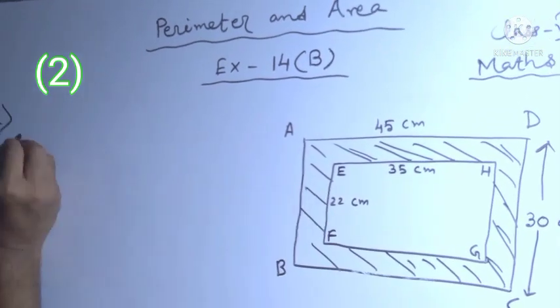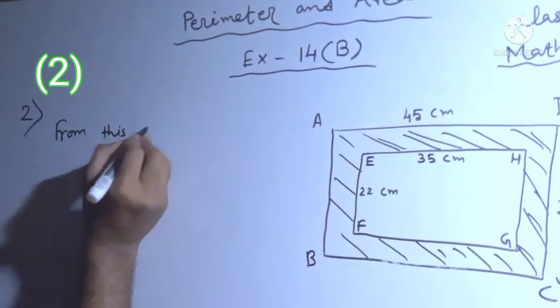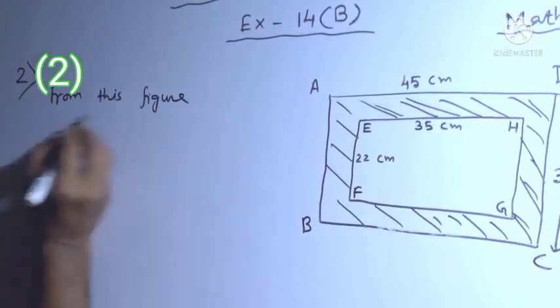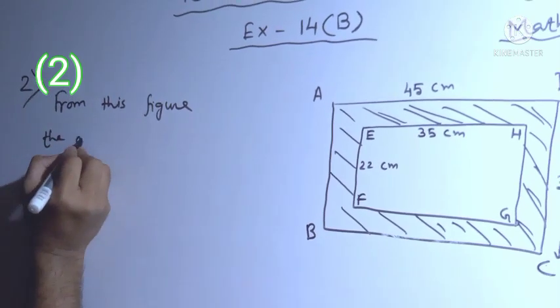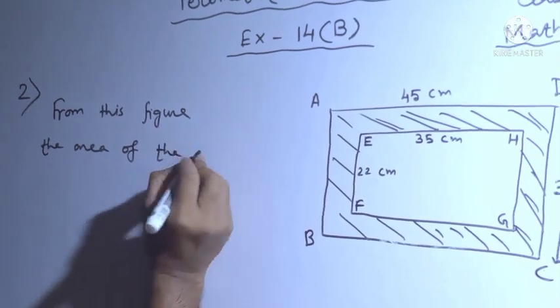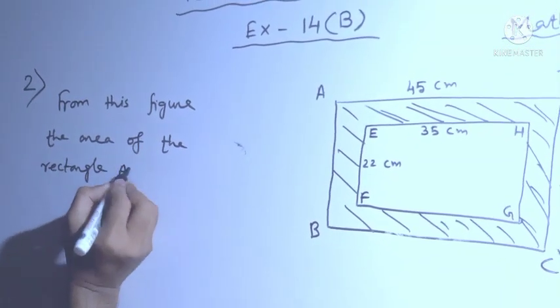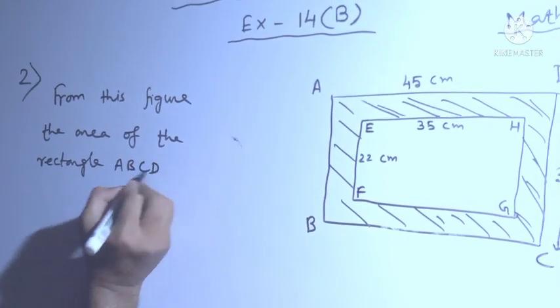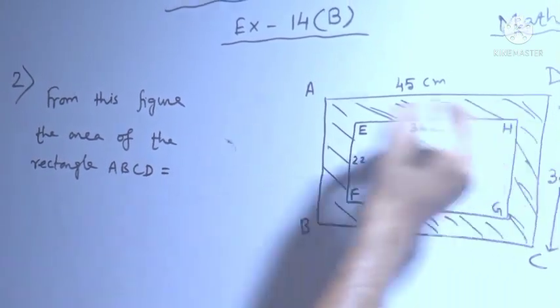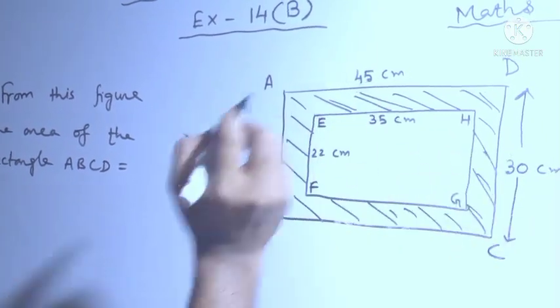Okay, so from this figure, the area of the ABCD equal to, ABCD means this big rectangle, 45 by 30.